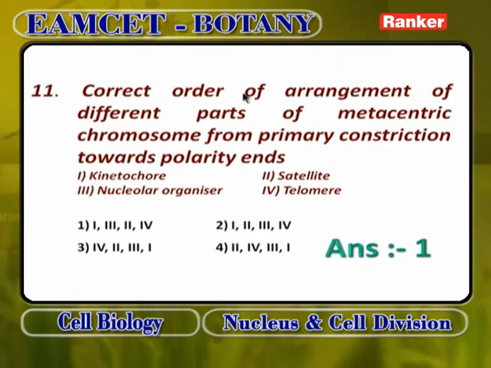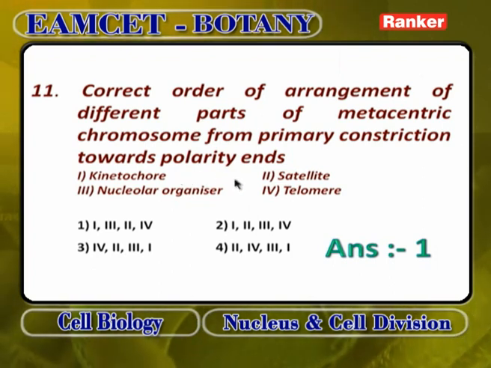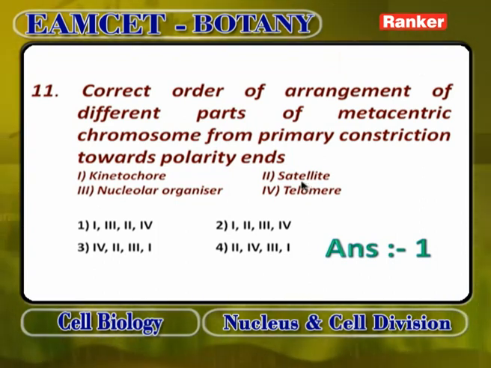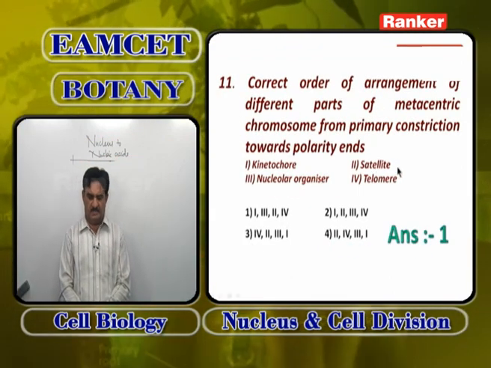Now, correct the order of arrangement of different parts of metacentric chromosome from primary constriction towards the polar ends. First is kinetochore. For this the answer is 1. First is kinetochore. Next is nucleolar organizer. Kinetochore is the protein disc present in centromere. Next is nucleolar organizer. Then is satellite.